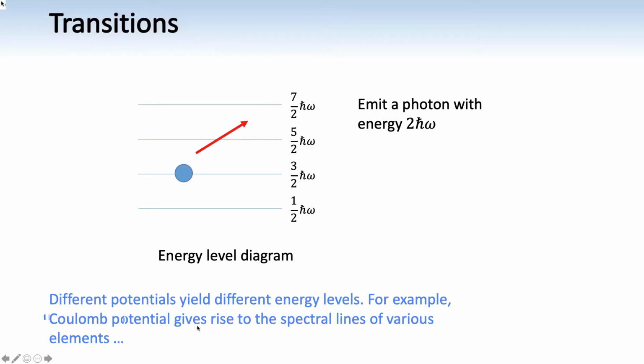So, and then, people applied it to various other elements, not just hydrogen, and they discovered that different atoms have different spectral lines. So let's see the spectral lines of a few elements.